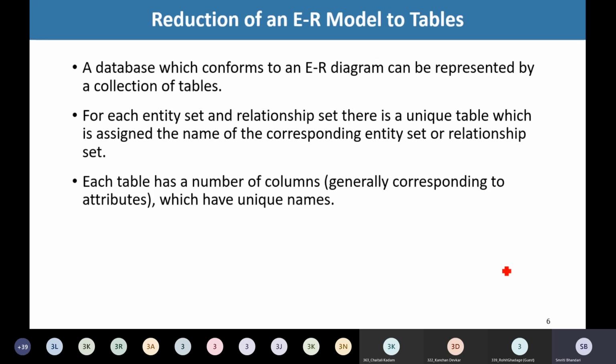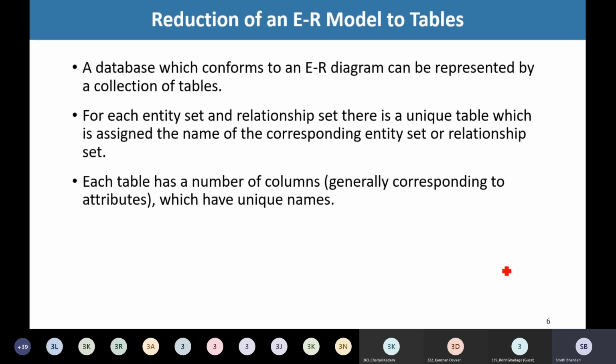With next. So as we know, our entity sets are having the attributes. Also, our relationship sets are having the attributes. So every entity set and every relationship set in ER model is having a corresponding table. So obviously, whenever we try to create a table, we should have the attributes also, or we should have the columns also in the table.